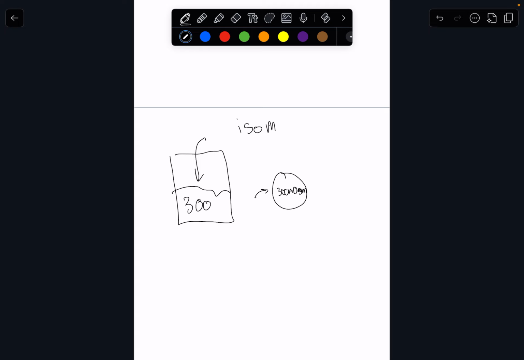That's isosmotic, with an S right there. When the concentrations are equal, I'm just going to write equal. This is concentration right here. Now, it's really just a point of comparison.